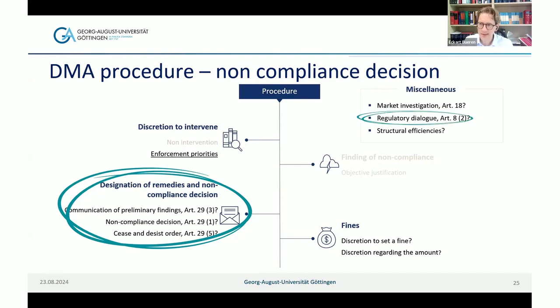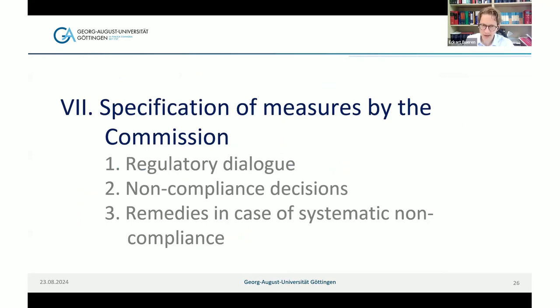This is also the regulatory dialogue, because as I've explained briefly before, regulatory dialogue can come into play at different stages of the procedure, and it's likely to be at play when non-compliance could potentially occur. So we have three aspects I want to look at: regulatory dialogue, non-compliance decisions, and remedies in case of systematic non-compliance. I'm starting with the regulatory dialogue that is in Article 8 DMA.